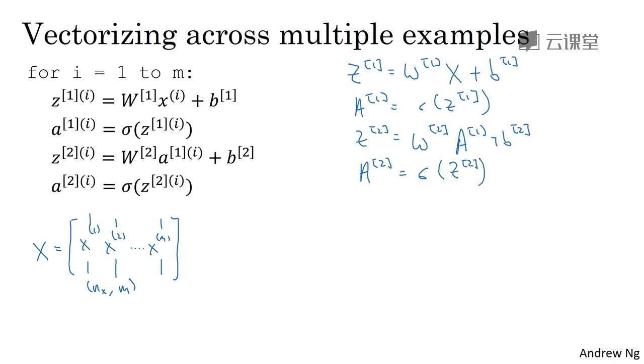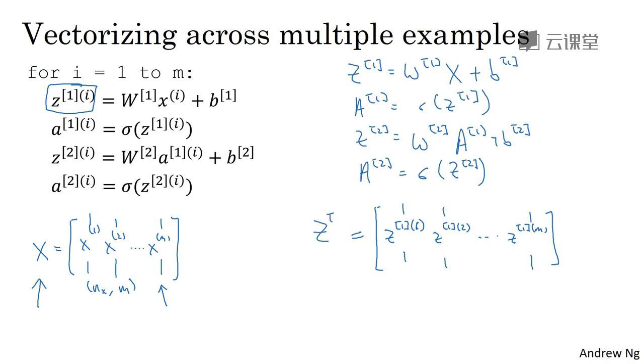So if you want, the analogy is that we went from lowercase vector x's to this capital case X matrix by stacking up the lowercase x's in different columns. If you do the same thing for the z's, so for example, if you take Z1(1), Z1(2), and so on, and these are all column vectors, up to Z1(M), right? So that's this first quantity, but all M of them, and stack them in columns, then this gives you the matrix Z1.